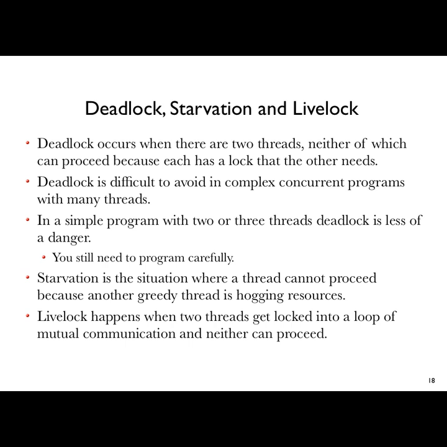The best analogy I heard for this was like the situation where you're walking down a corridor and someone else is there, and you move to get out of the way, and the other person does that as well, and then you move back. So you can imagine that happening as information gets passed.